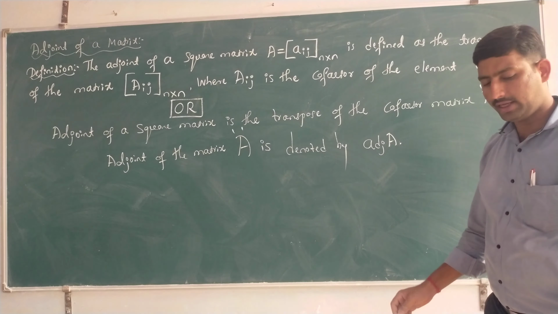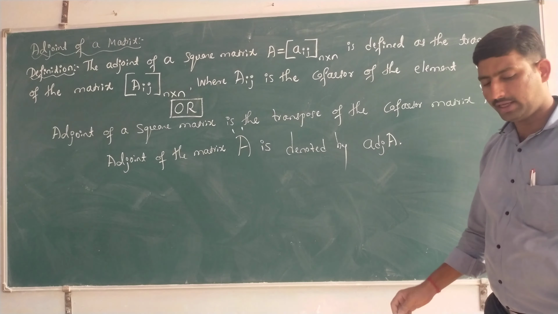Therefore, the cofactor of capital A is equal to 4, minus 2; you have to write the first column element and second column element correctly; minus 3, 1.